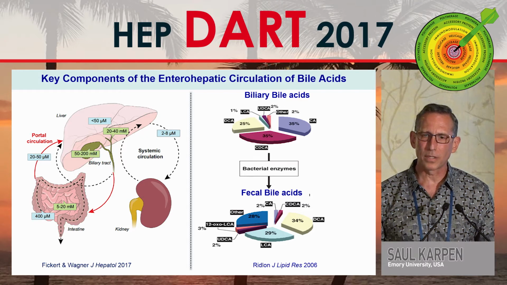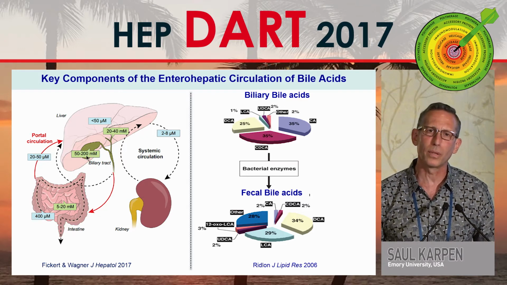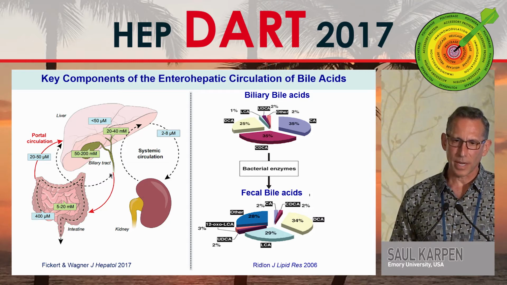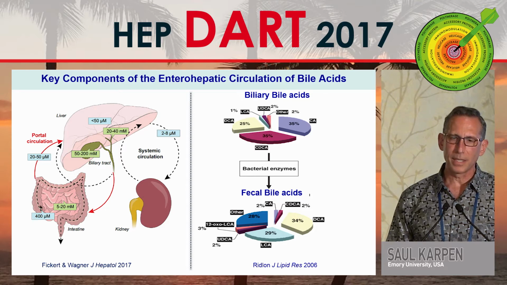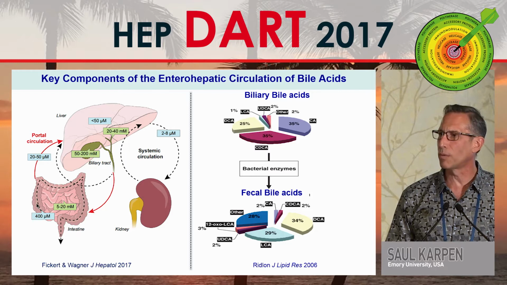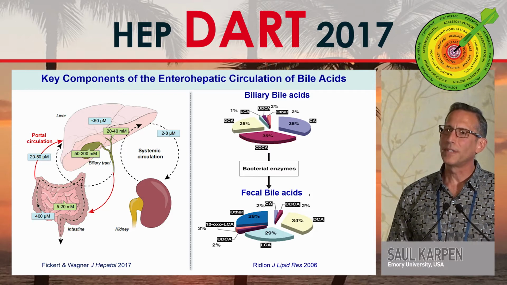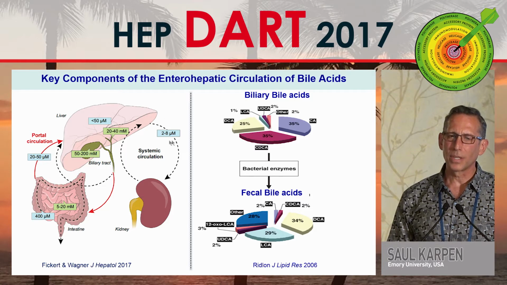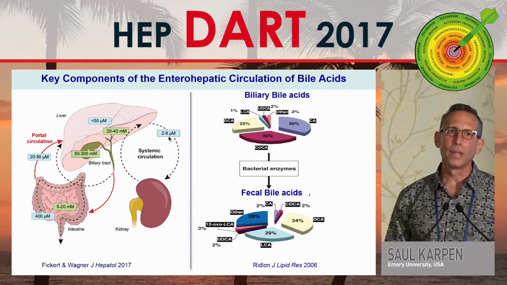So in bile, the concentrations are in the 20 to 40 millimolar, upwards of hundreds of millimolar. These are gigantic concentrations that are seen in the intestinal tract down to the millimolar range, and in the colon, even with that efficient recirculation process, they're in the hundreds of micromolar. So it's really, the cells are exposed to the bile acids, and in the systemic circulation, it's in the low micromolar level, unless you're cholestatic.